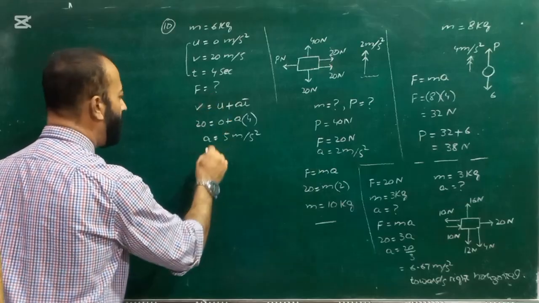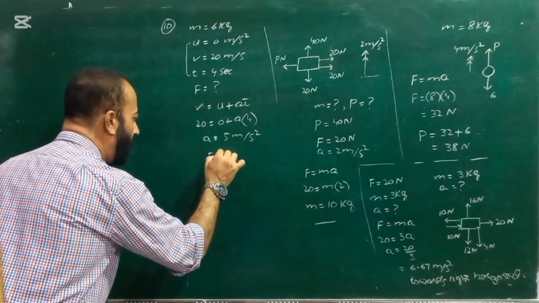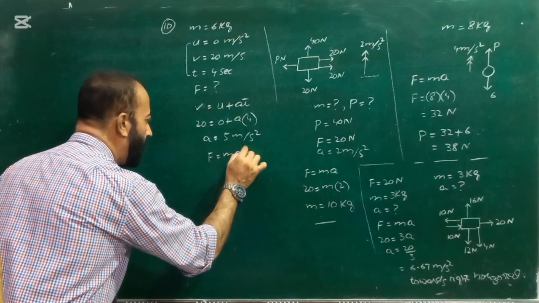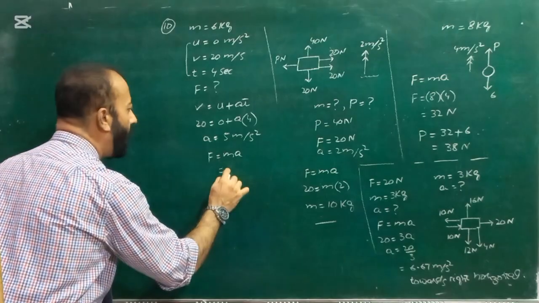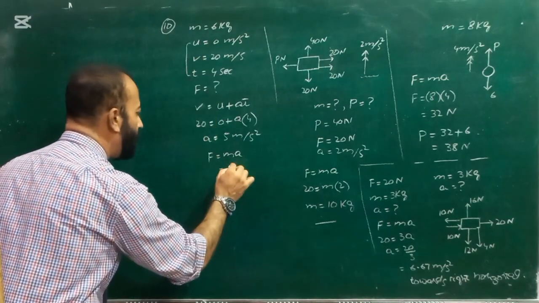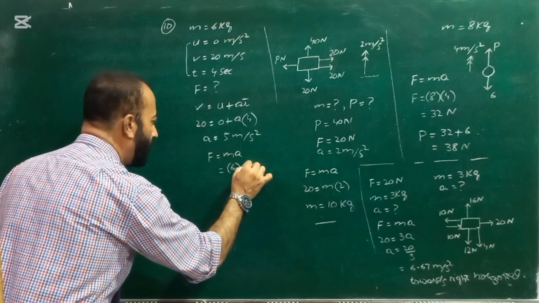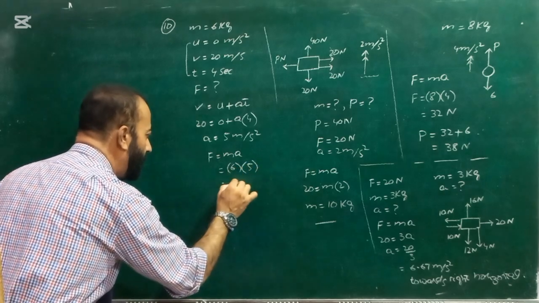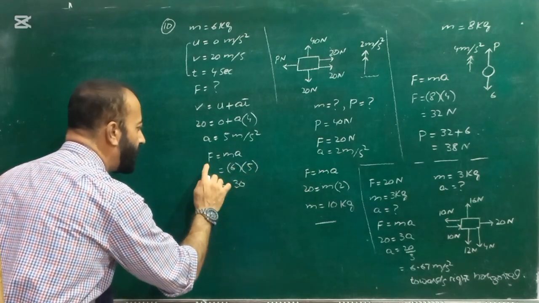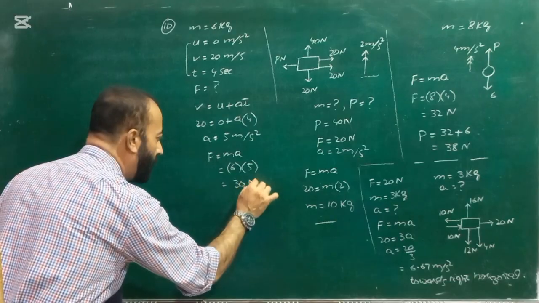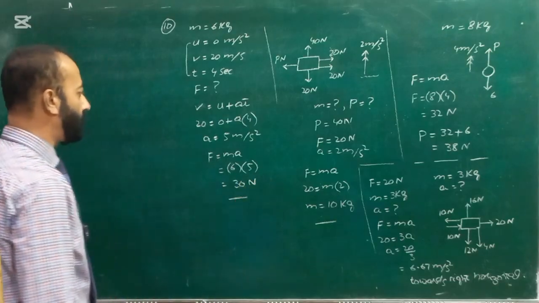And now we will find F by using the formula F is equal to ma. Now m is 6 kg and a is 5. So 6 5s are 30, and because this is the force, the unit will be Newton.